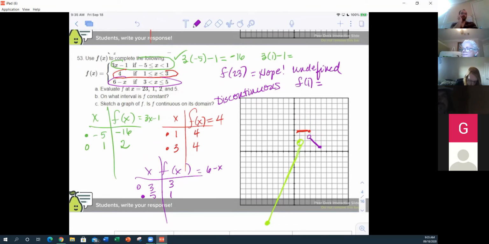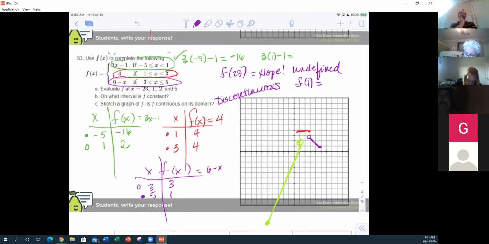Michael, what do you think? F of 1. Let's see here. Isn't there multiple values for that? Okay, that's a good question, but look at the graph.